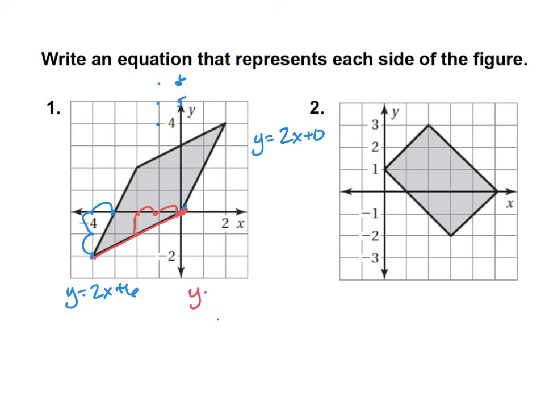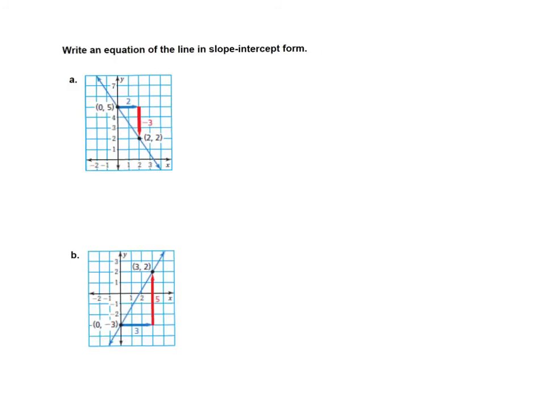So y equals 1/2 x plus 0 if you need to. Again, already have it, so this would be y equals 1/2 x plus 3. So we have all 4. If you want to do number 2, you can. I am going to skip it to keep going with our lesson.